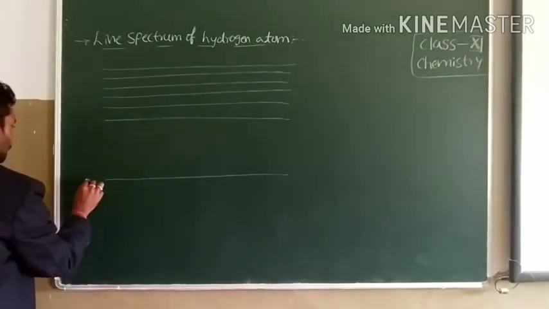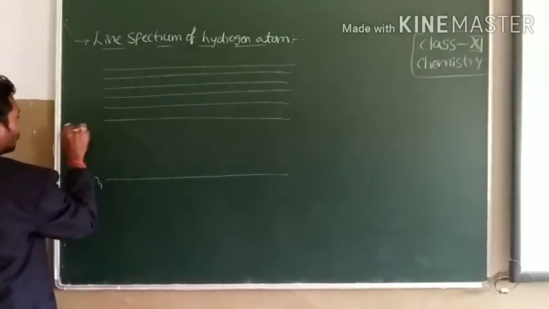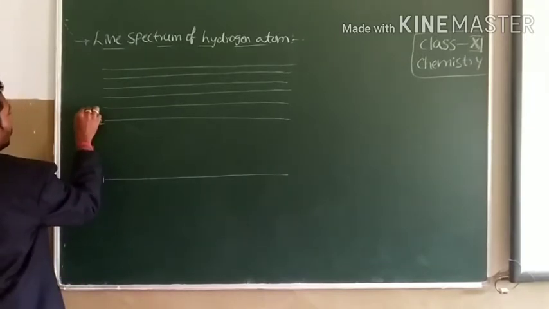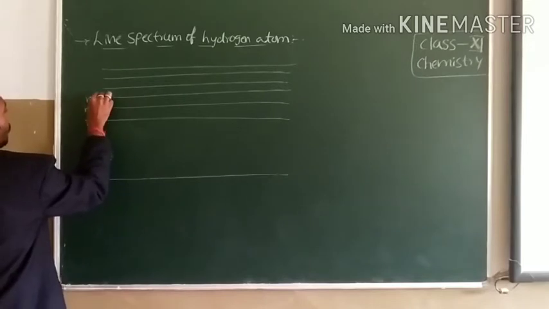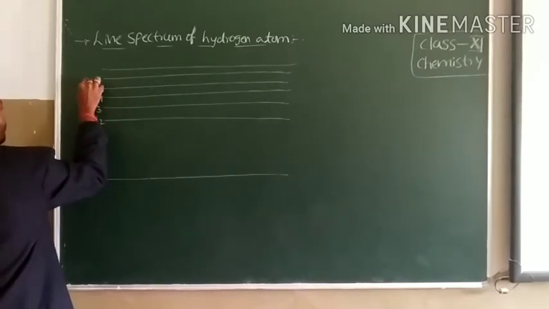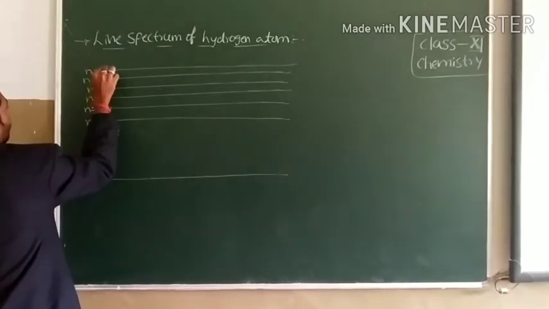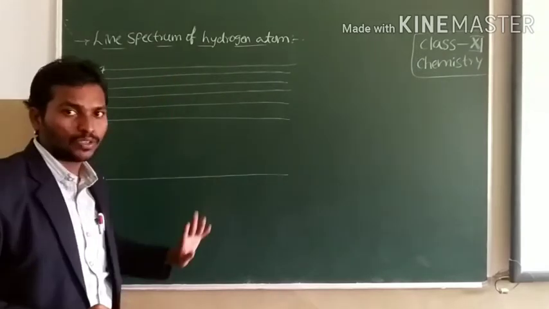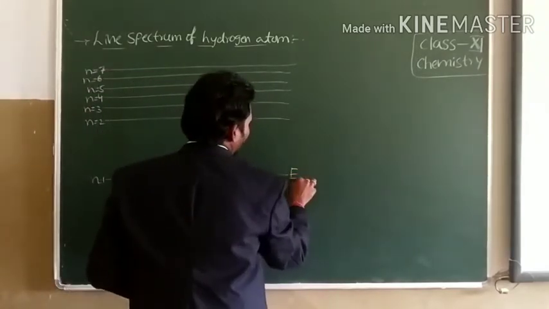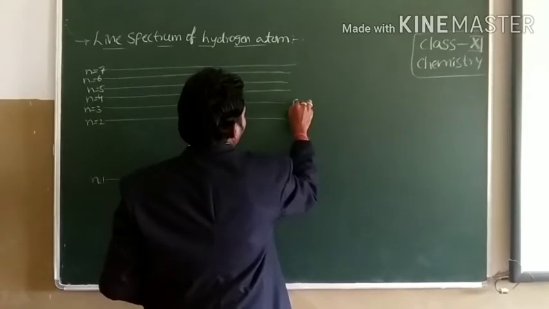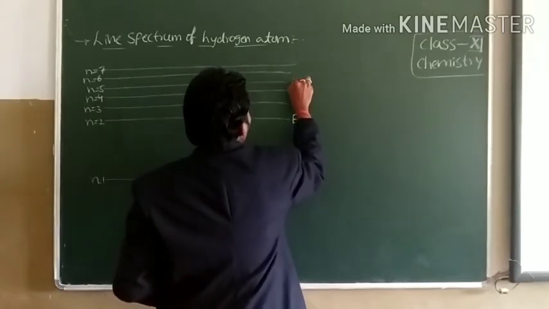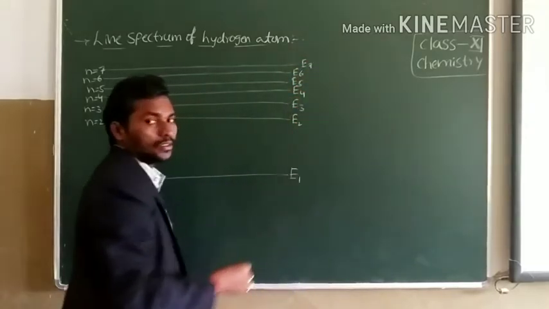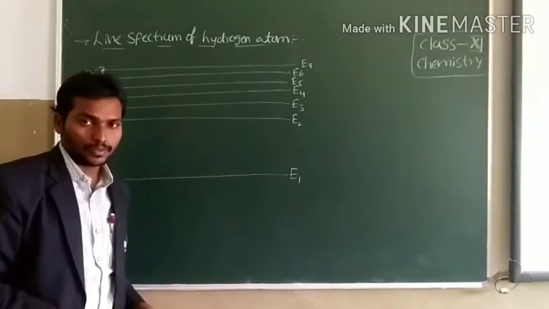They are denoted by n equals 1, n equals 2, n equals 3, 4, 5, 6, 7. So these are different energy levels, and each energy level has a definite amount of energy: E1, E2, E3, E4, E5, E6 and E7, etc. These are the energies of the different energy levels.